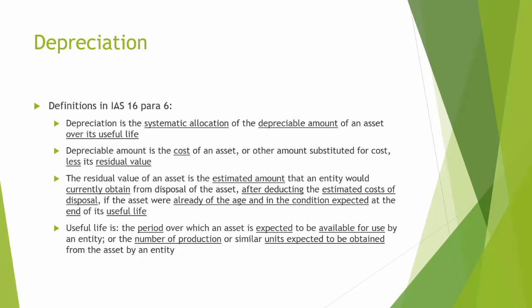Okay, so in other words, if my useful life is 5 years, my residual is going to be what I can obtain today if that asset was already 5 years old and in the condition I expect it to be in at 5 years old. So perhaps it's got a little bit of scratches on if it's a vehicle.